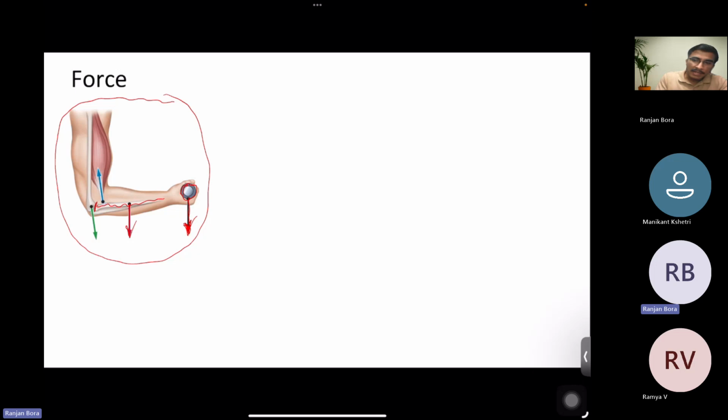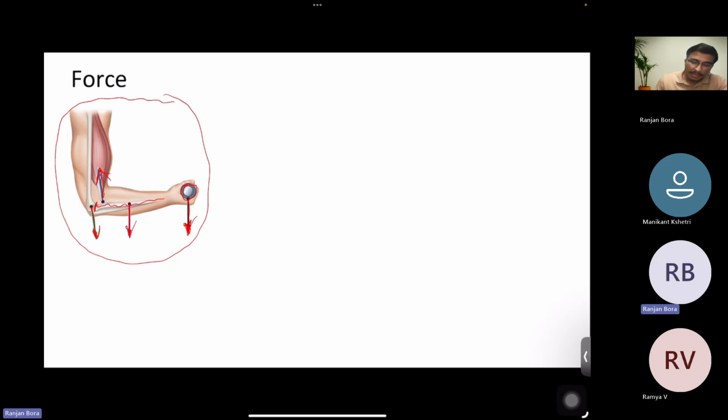Because of the other external forces, there will be some reaction forces at this joint. So this joint reaction force is acting in this direction, and we have the biceps muscle, and we all know that the muscles provide us the required force for our daily activities. So the muscle force will act in this direction. So this is one of the examples.